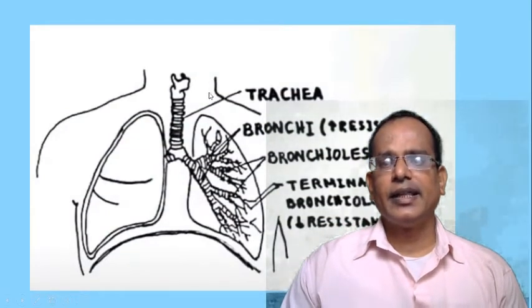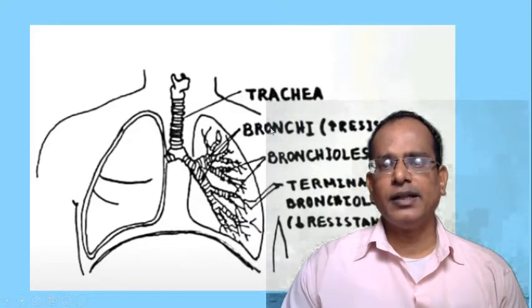That's why the resistance in the trachea is having less airflow, and in the bronchi the pressure difference is increased, and in the bronchioles, and in the terminal bronchioles, the pressure difference is increased.